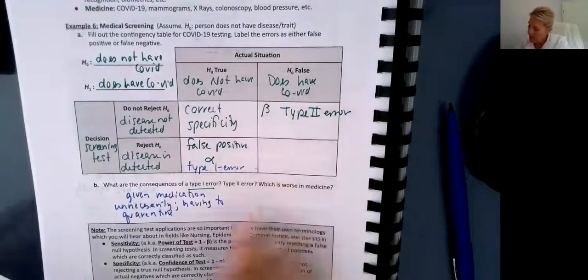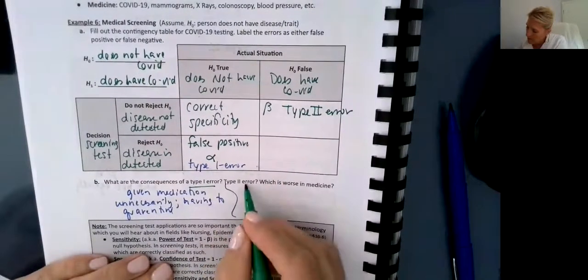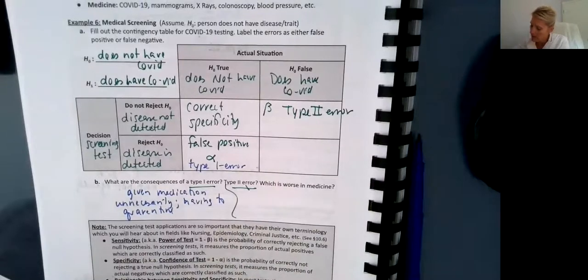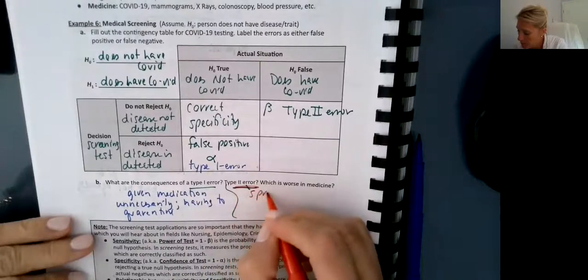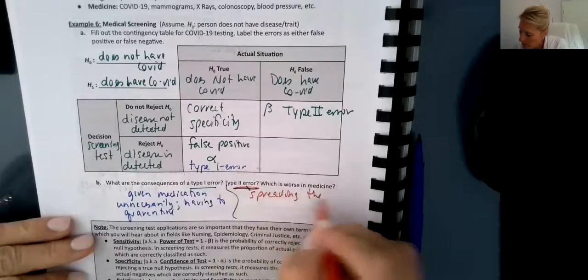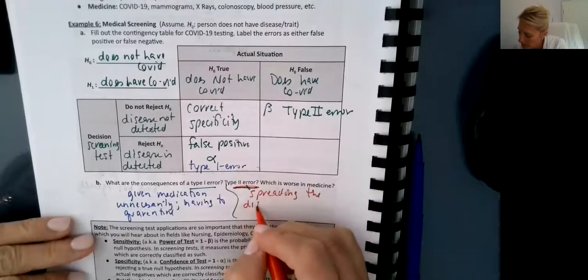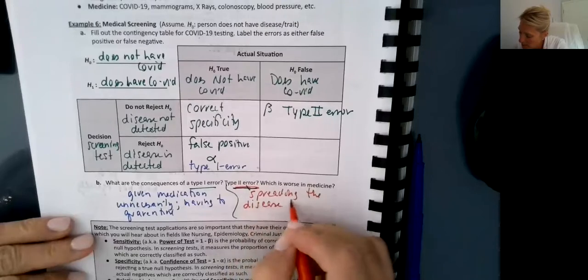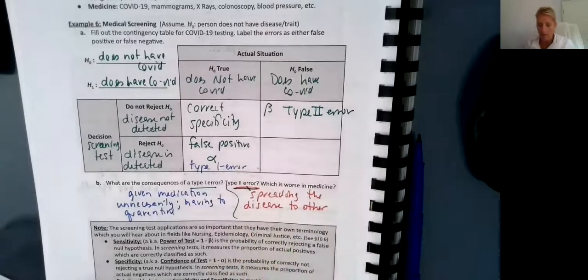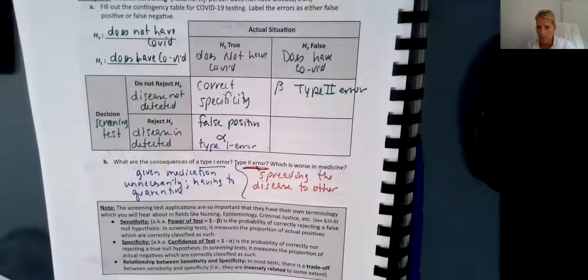And what could be an issue with that is they could be spreading the disease to others, because if they don't think they have it and they're out and about, they're giving off those spores of the disease, and they could be infecting other people.